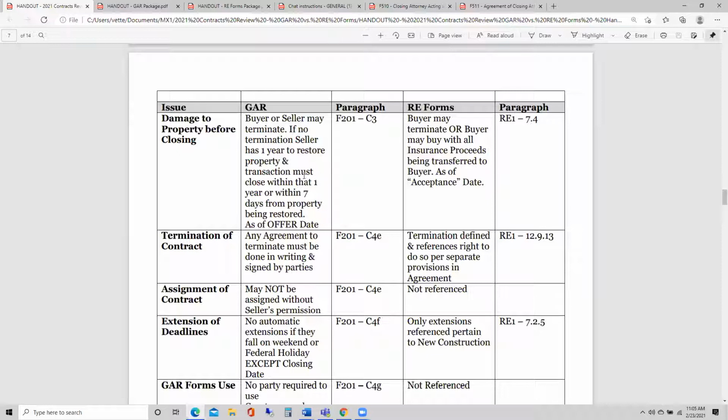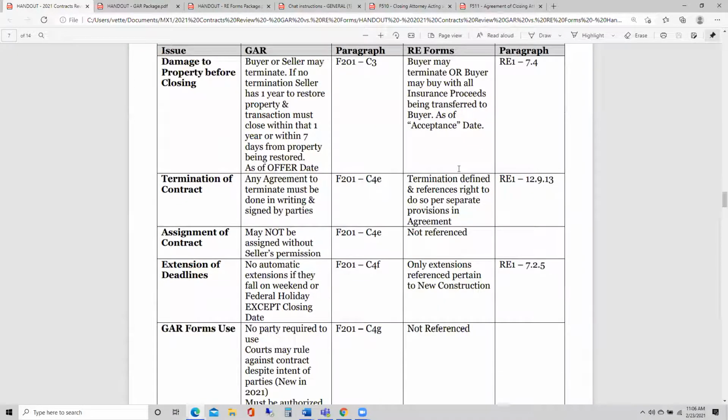In the GAR contract, it says they can either terminate, or the seller has 1 year to restore the property, and then the contract must close within that year or within 7 days if it takes sooner than that for the seller to get it back into saleable condition. Under the RE forms, the buyer may terminate, or the buyer can go ahead and close as long as the seller transfers any and all insurance proceeds to the buyer.